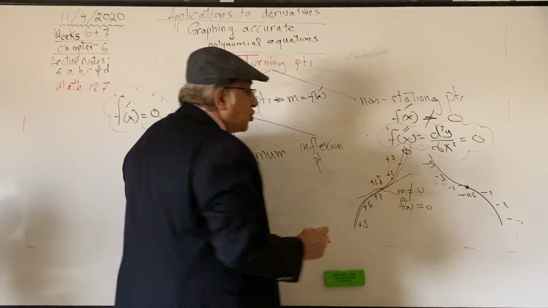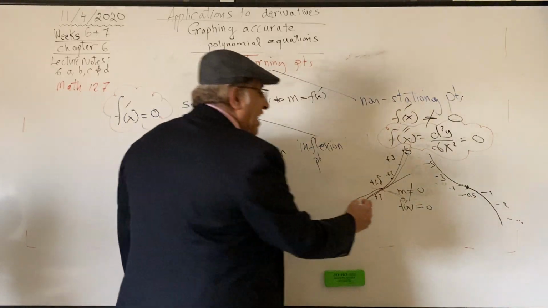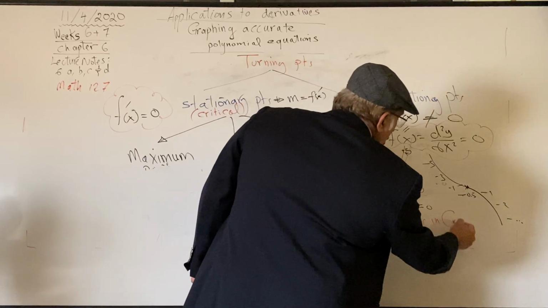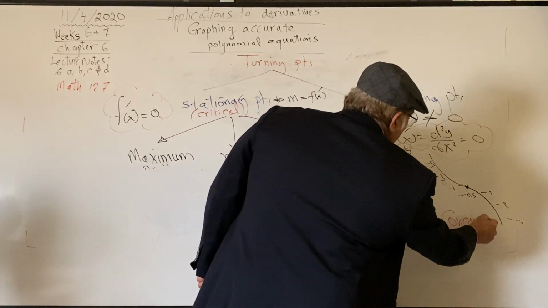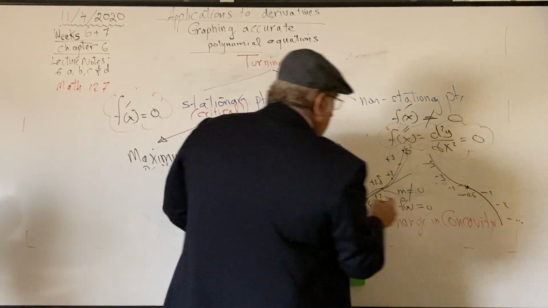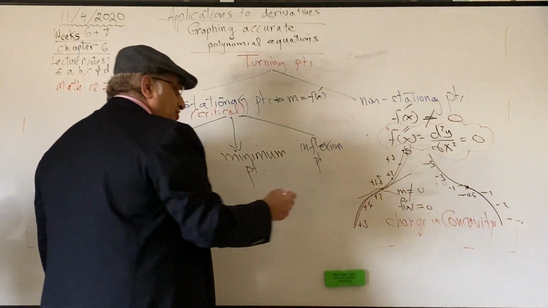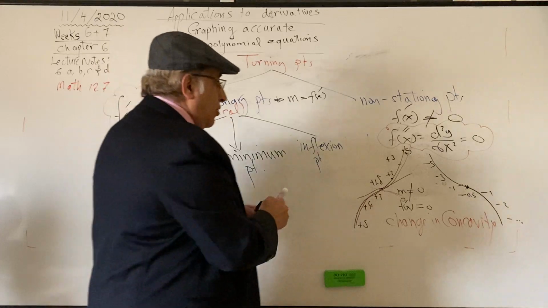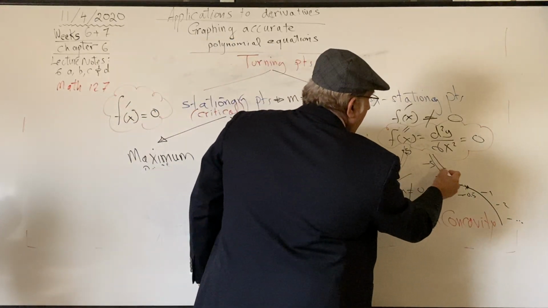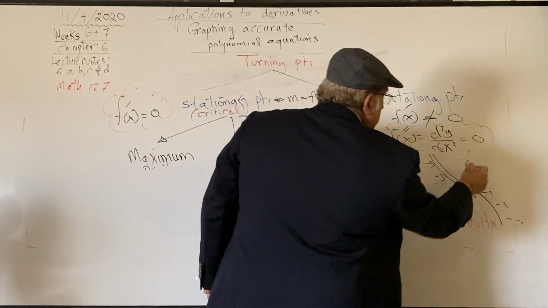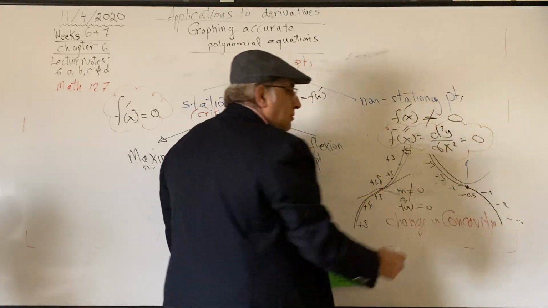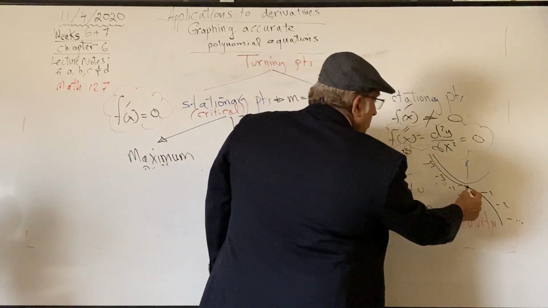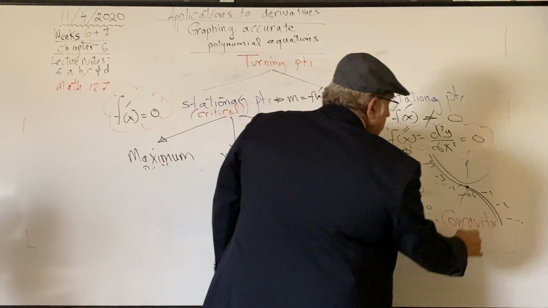So when there is a change in concavity, remember the word, change in concavity. Look at this one, concave down, this is called concave up. Look, it's concave up, all right? And suddenly at that point, you are concaving down.